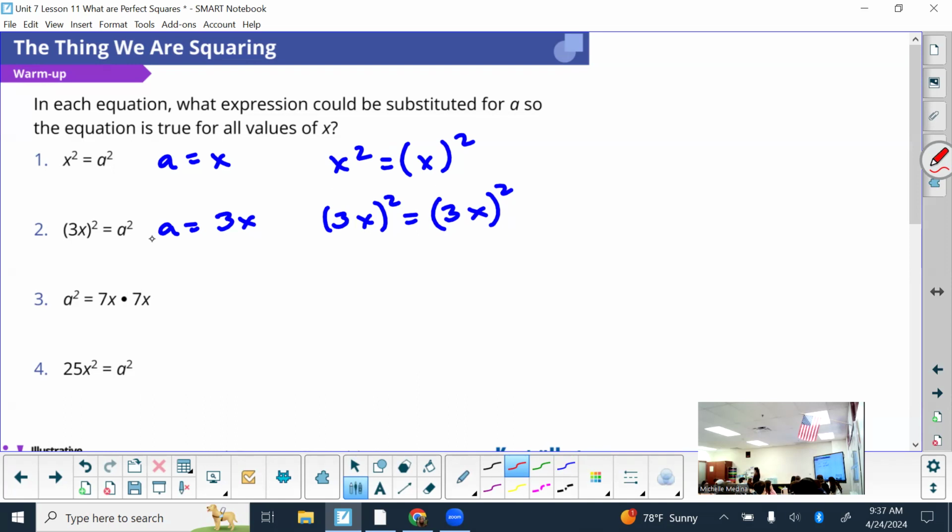Table 5, for the next one, what does A have to be to make it true? Okay, let's see, if I do plug it in to A, would that be the same as multiplying 7x by 7x?